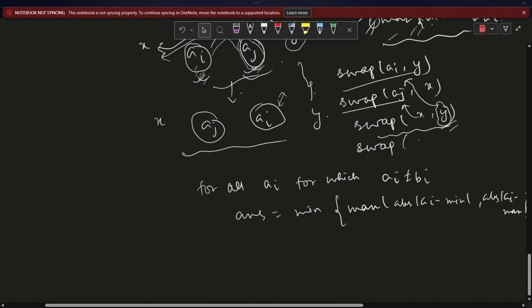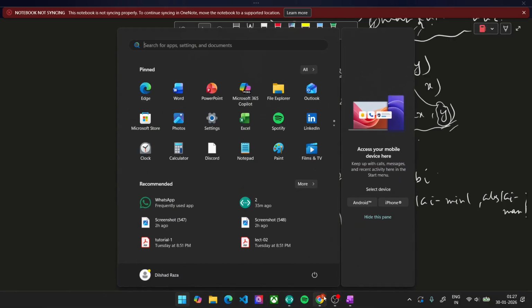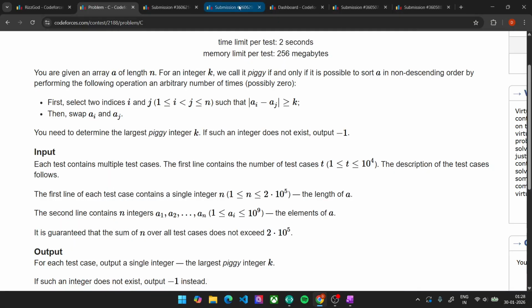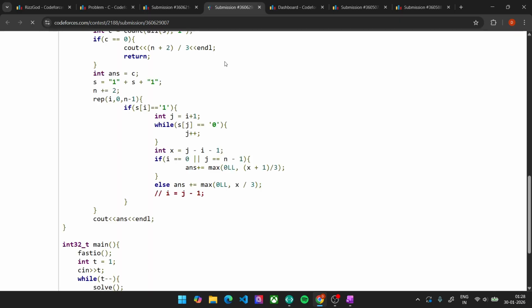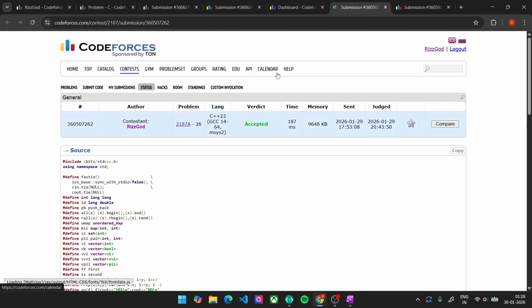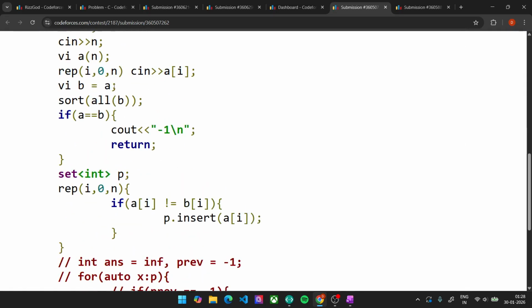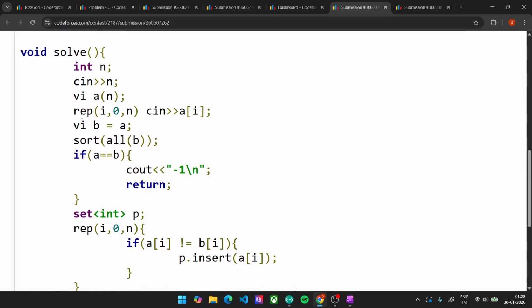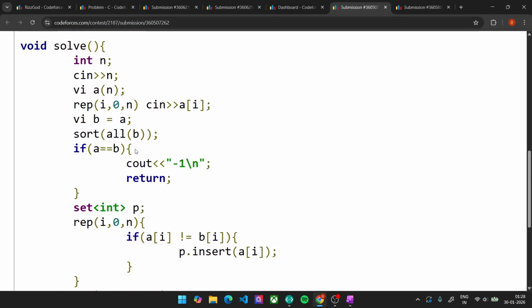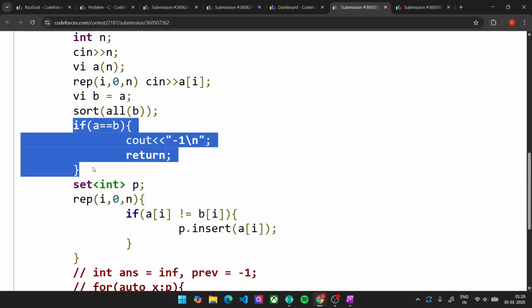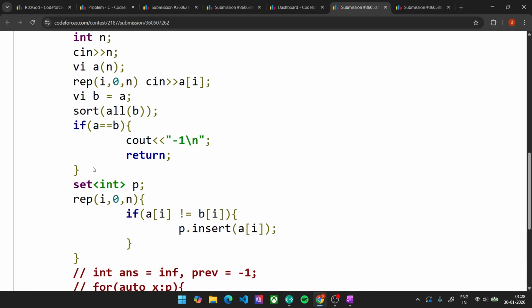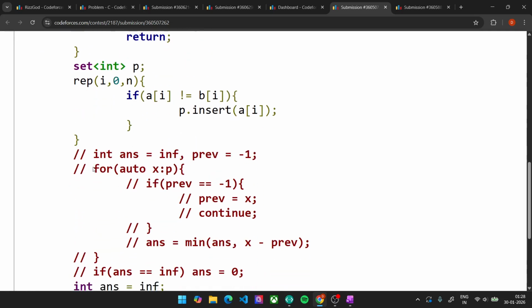So let's look into the code to get more clarity. As I said, B is just my sorted array. If my original array is already sorted, then I'm just going to print -1.